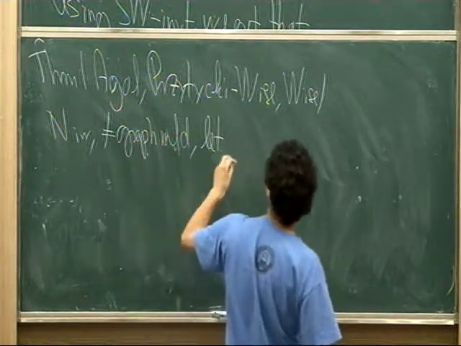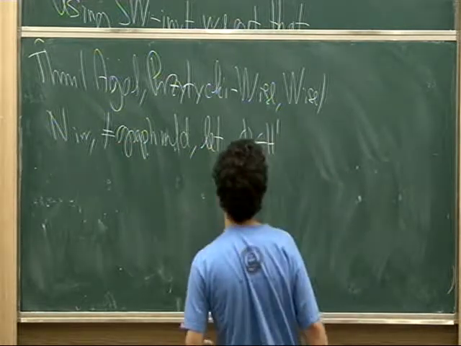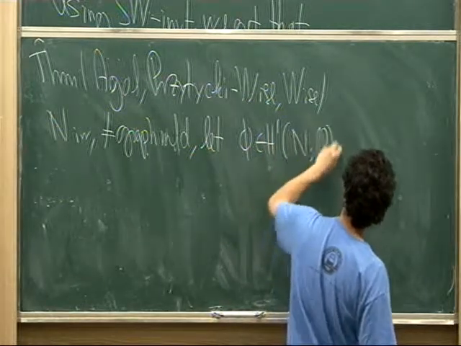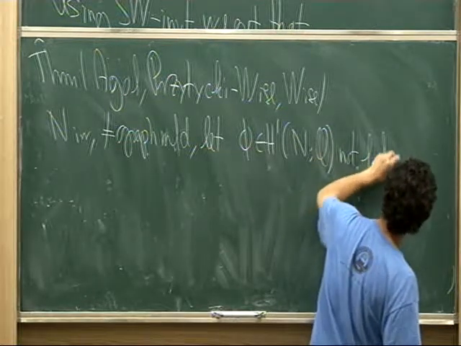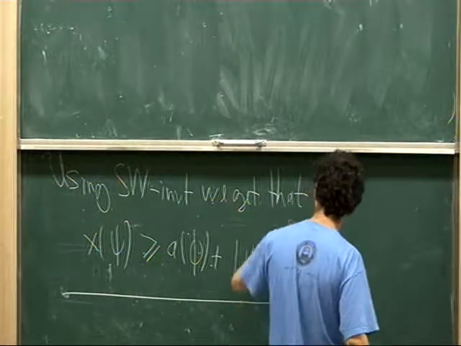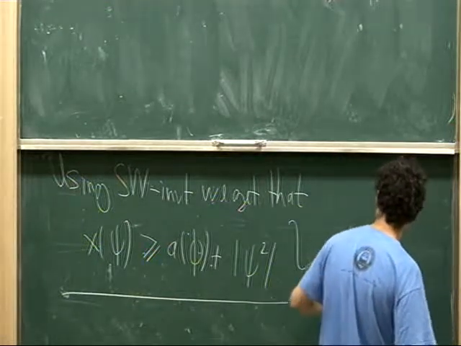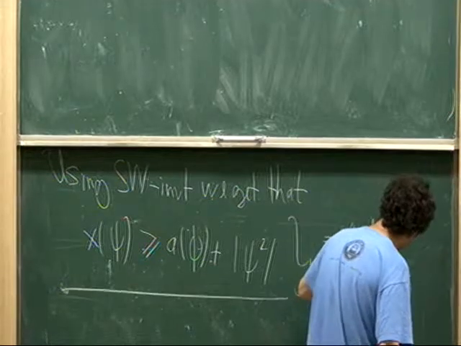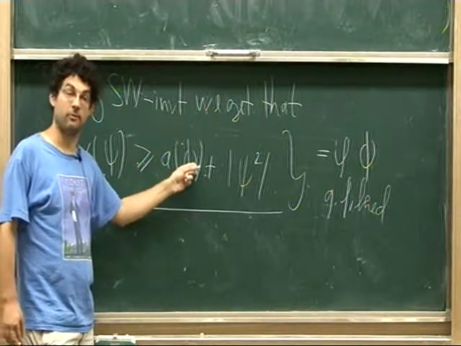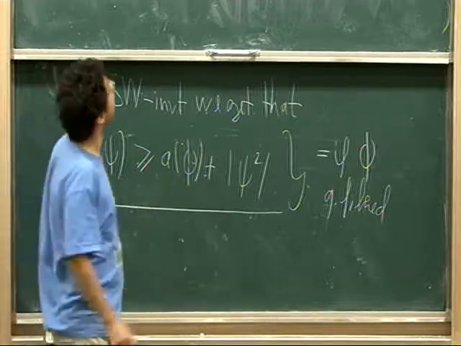Now let's say we have a class phi in H^1 that is not fibered. Oh, I forgot to say, this is an inequality, but an equality if that class happens to be quasi-fibered.